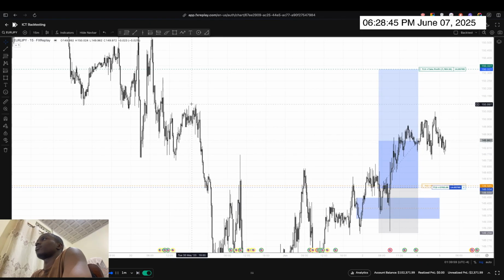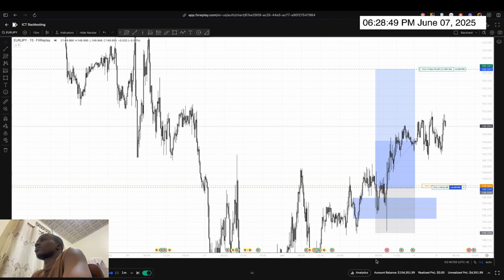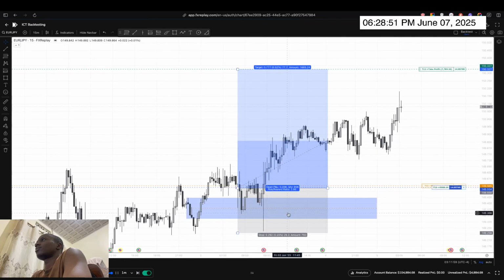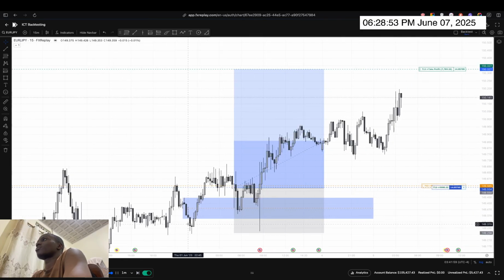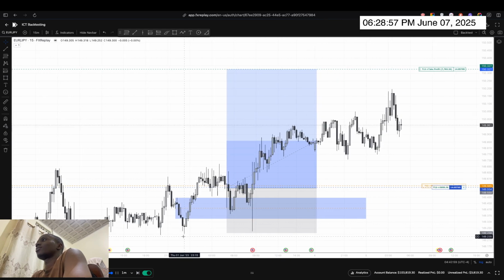Okay, well, we didn't take out this high, neither did we take out this. So I don't really have a good feeling about waiting this long for trades to play out. I don't know why, I really don't like that.